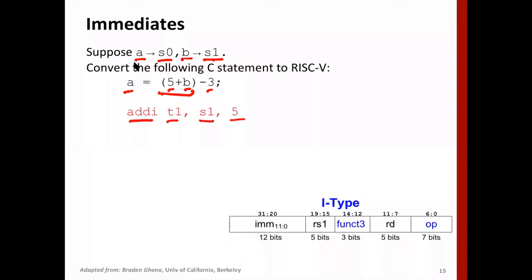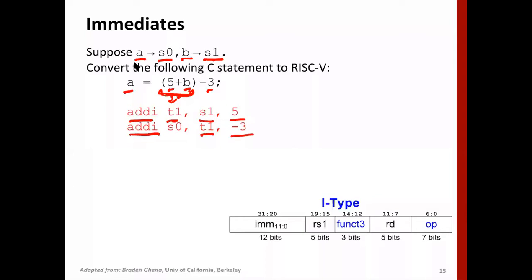It means we have executed this and the value of the addition is available in t1. The next instruction subtracts 3, so we do add immediate with the value we have now, 5 plus b minus 3.